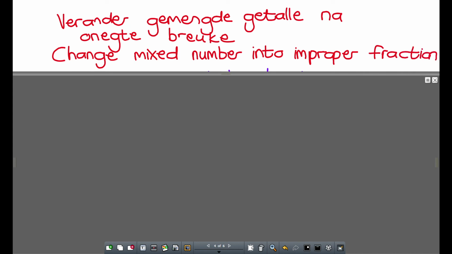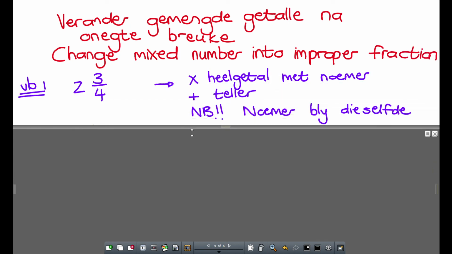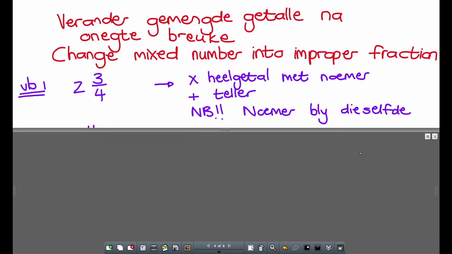Right, so if I have this example, 2 3/4, the first thing that you have got to do is multiply the whole number with the denominator, and then once we've done that, to that answer, we add the numerator.